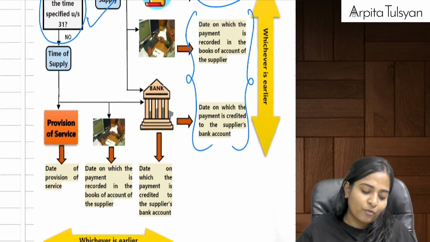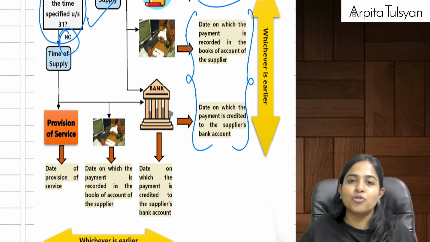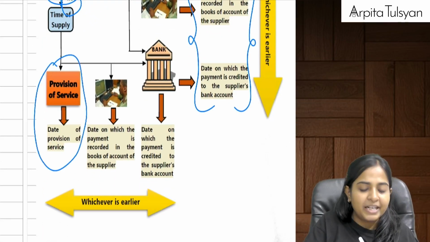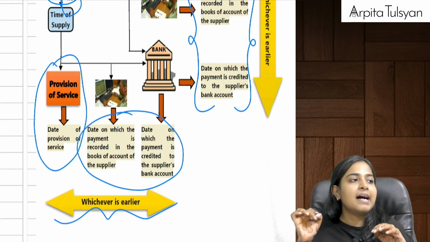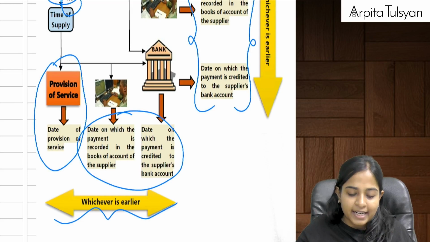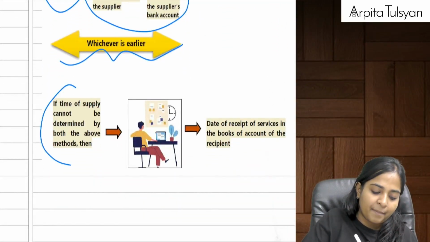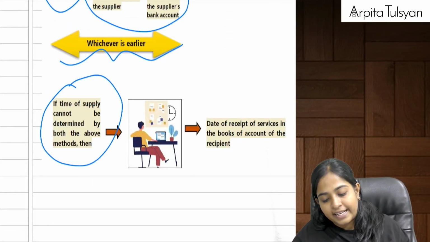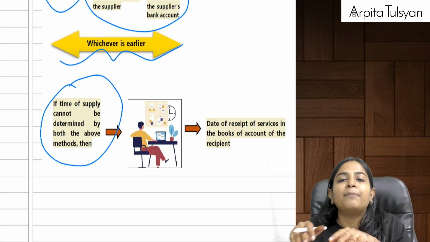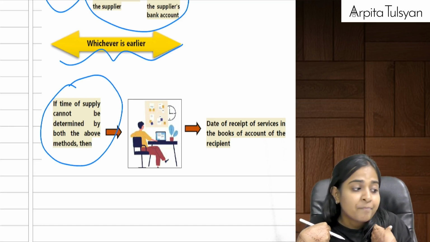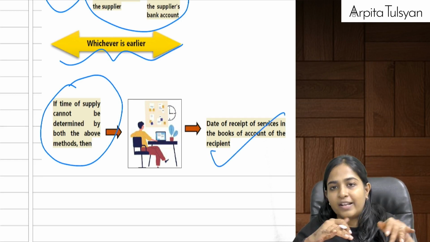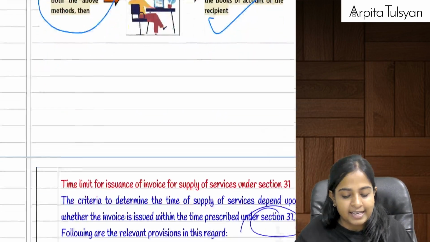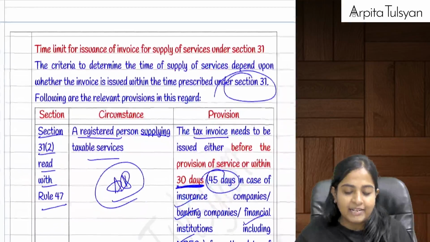But if the invoice is not issued on time, then the date of completion of service or receipt of payment, whichever is earlier. Are you able to understand? And if you are not able to determine it as per the above pointers, then the date of receipt of services in the books of the recipient. When the recipient has recorded that he has received the service, that date will be considered as the time of supply.